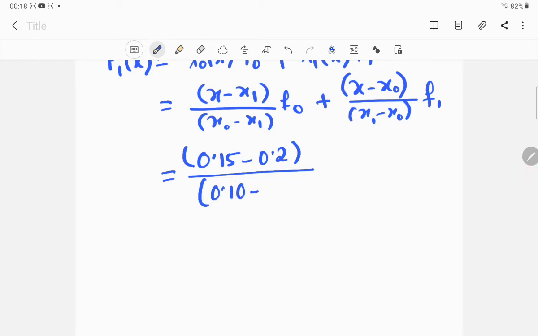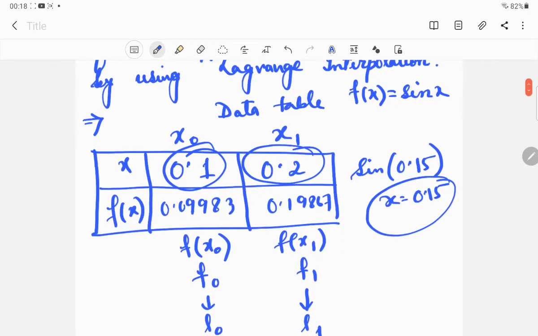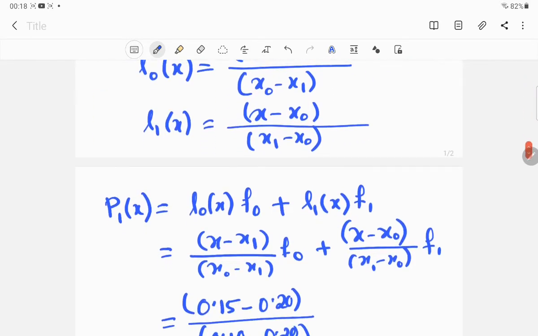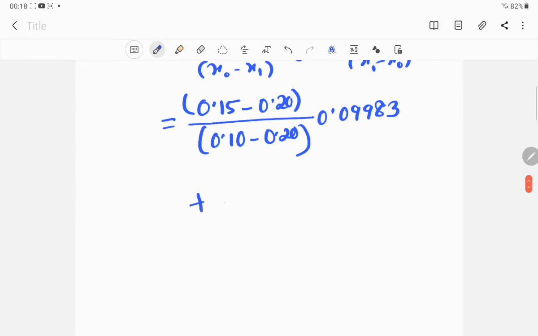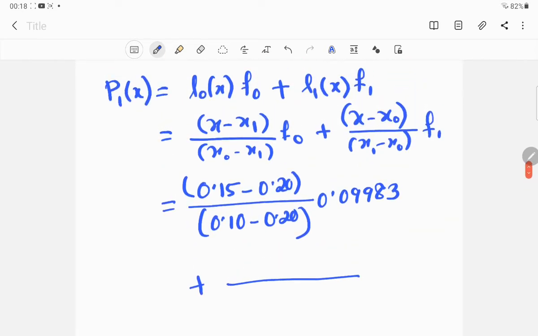So we have (0.15 minus 0.20) by (0.10 minus 0.20), and f0 is 0.09983. Then plus (0.15 minus 0.10) by (0.20 minus 0.10), I hope you remember the values of x.